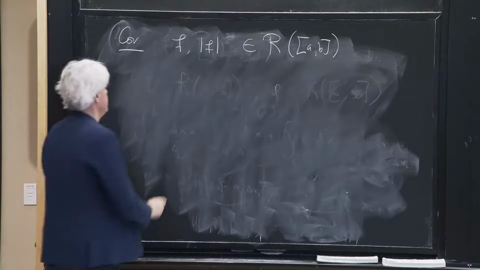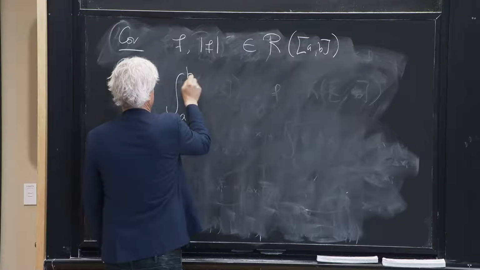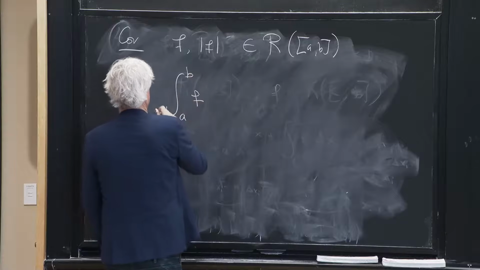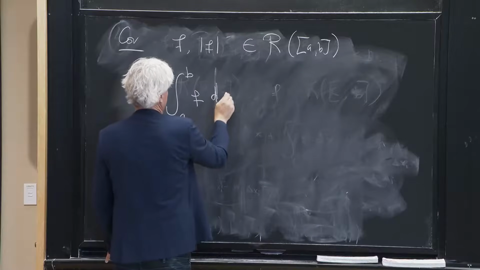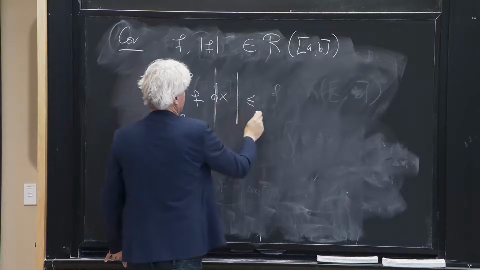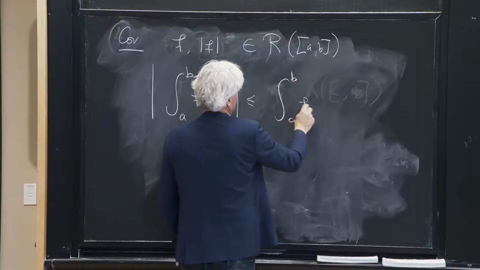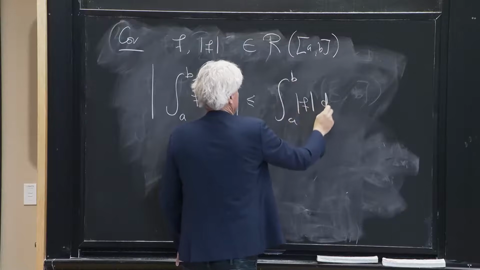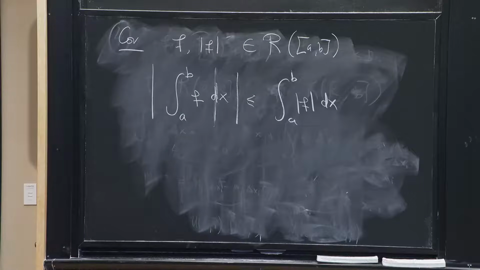And then the claim is that the absolute value of the integral of f dx is less or equal to the integral from a to b of the absolute value of f. This is a very simple inequality, but extremely useful. So this is the claim, right?